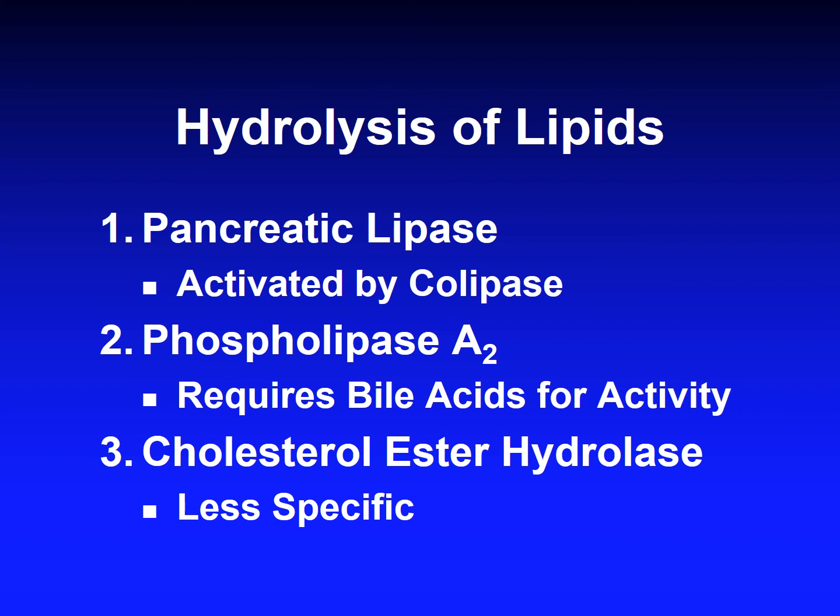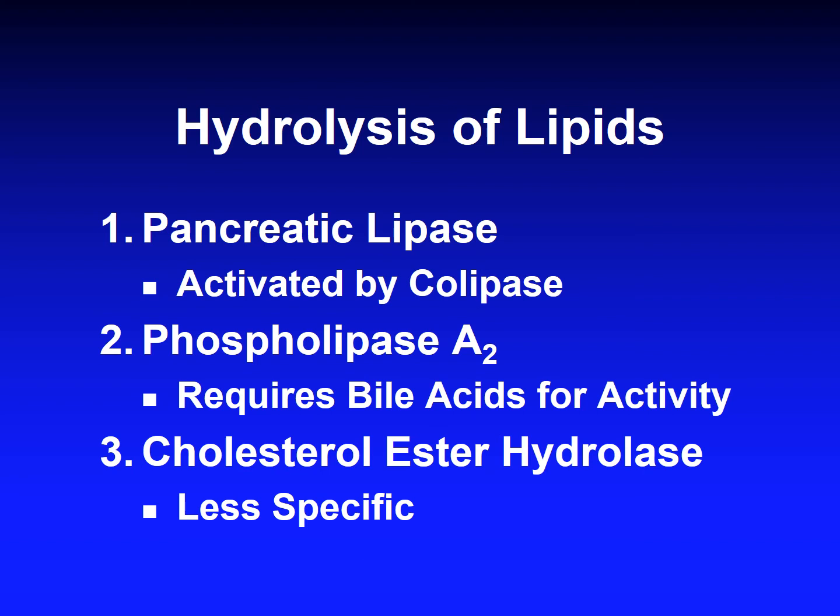Now, there's also phospholipase A2, which requires bile acids for activity, meaning that you have to have bile acids in the medium that will attach to the fat droplets, and that's when phospholipase A2 starts working.